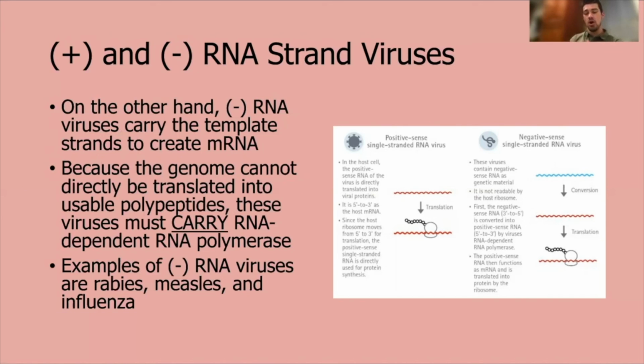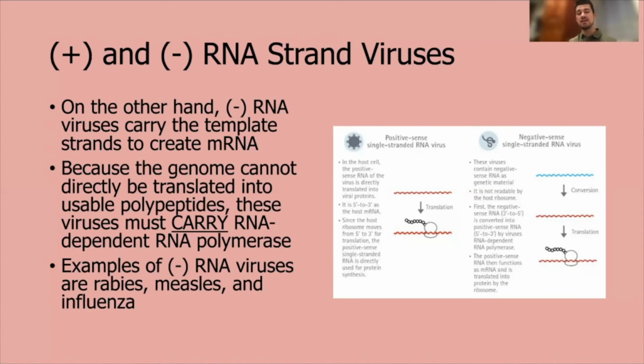If they only encoded for that protein, there would be no possible way for it to be created when they enter the cell, because all they have is that complementary negative strand RNA. With no proteins and just that RNA, there's no way to make that complementary strand, because our human host cells do not code for RNA-dependent RNA polymerase.